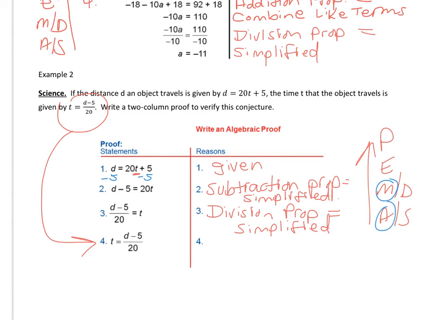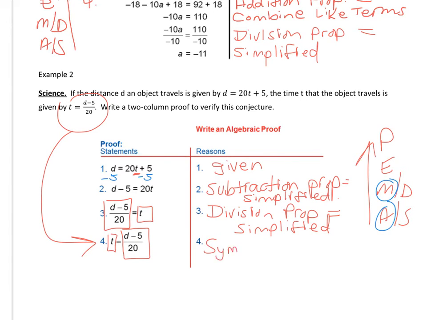And now take a look at what we have here. We have this algebraic expression on the left and t on the right. And the only thing that's changed between 3 and 4 is that we've spun them around. We have t on the left now and that algebraic expression on the right. And one of the properties that I introduced in the beginning is called the symmetric property of equality.